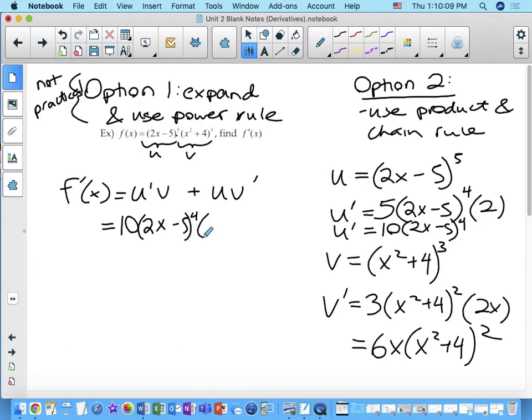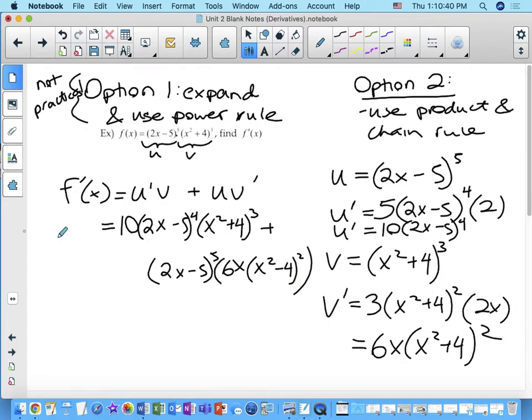V is x squared plus 4 cubed, plus u, which is 2x minus 5 to the 5, times v prime, which is 6x times x squared plus 4 squared. And that is the derivative.